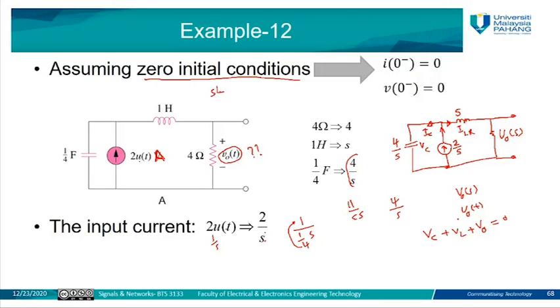So VC plus VL plus V out is equal to 0. You also need to consider the polarity or the direction, because if it is like this one, this will be negative, go to the other side. If this one is positive, negative, then the arrow direction will be on that side. So you need to revise how to apply KVL and KCL in circuit analysis. So we can write the equations for our circuit.